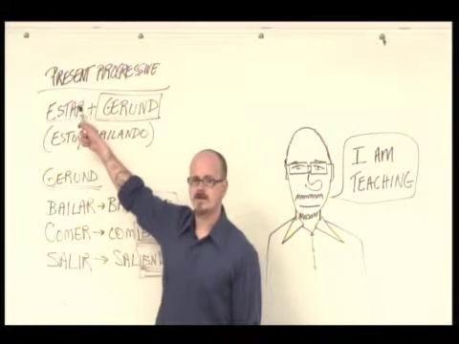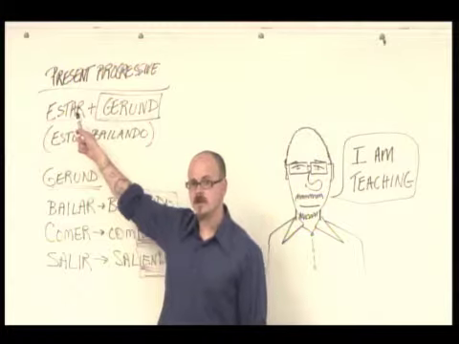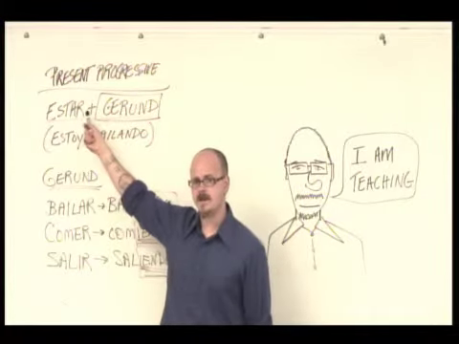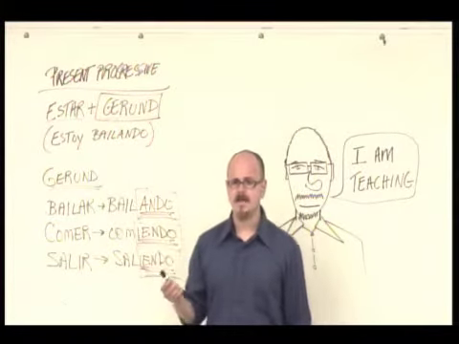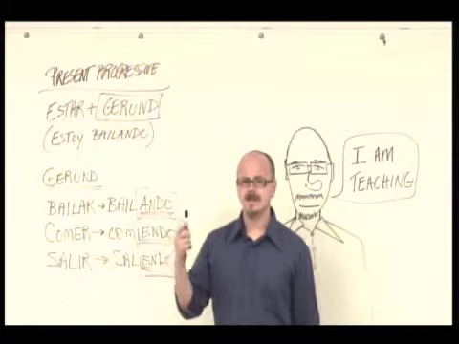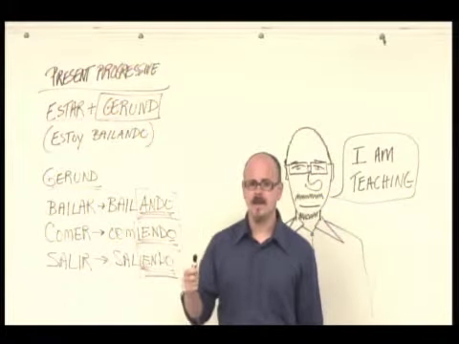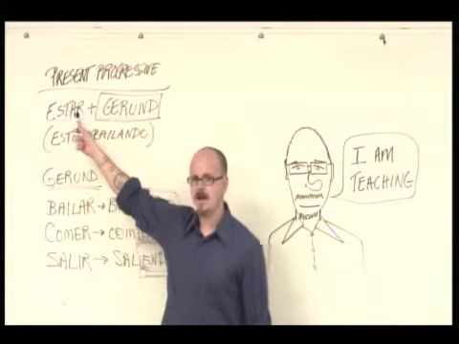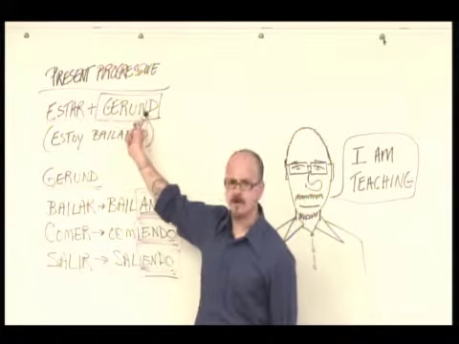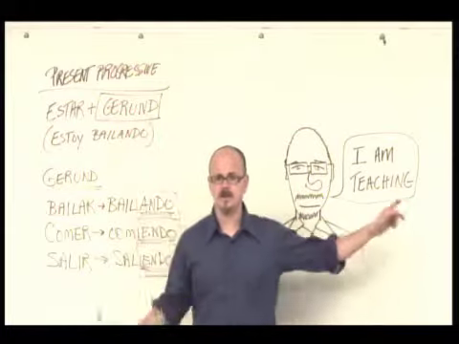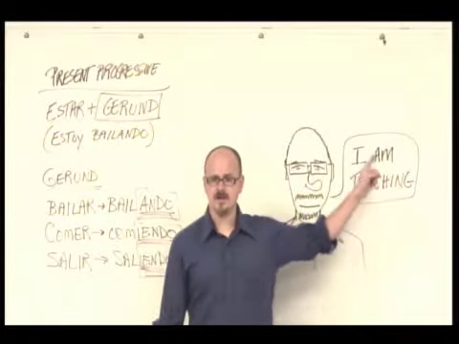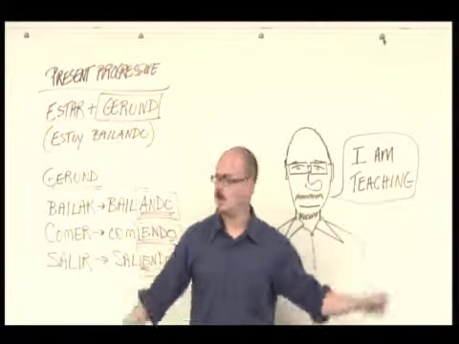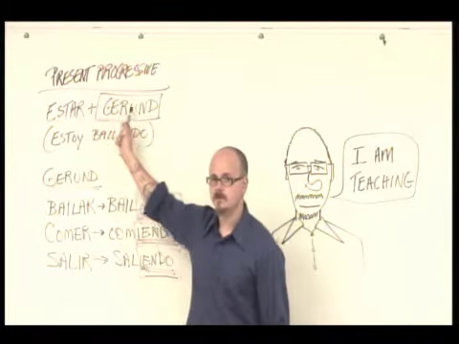In Spanish, we're going to use the verb estar, which we also saw in last chapter. Remember, it's irregular. It conjugates as estoy, estás, está, estamos, estáis, están. Okay, we're going to use estar, and then we're going to add a gerund to it. Just like we did in English with the I am teaching. It's to be plus a gerund.